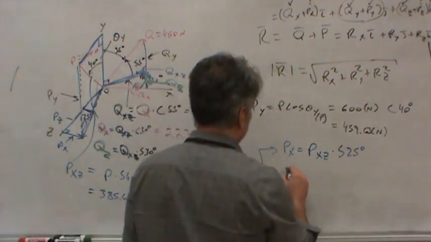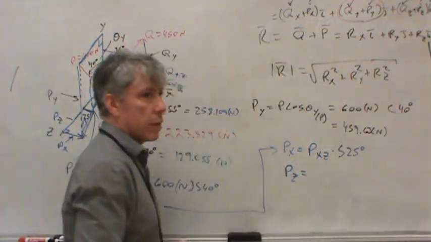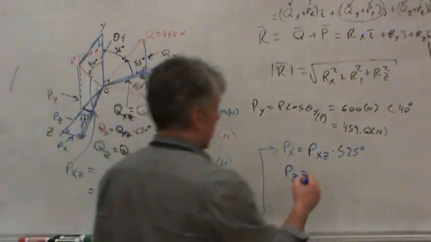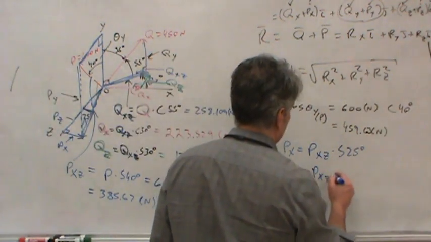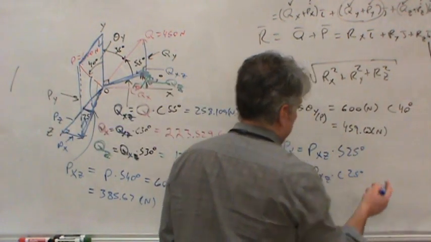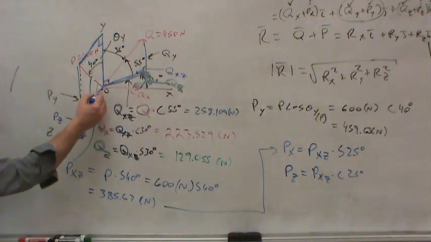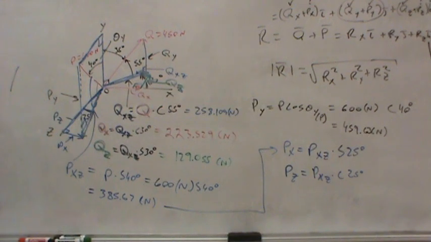All right. So, what about PZ? Tell me an equation there also. It would be PXZ times the cosine of 25. That's right. Just the other side of the triangle, because that side is touching the angle.